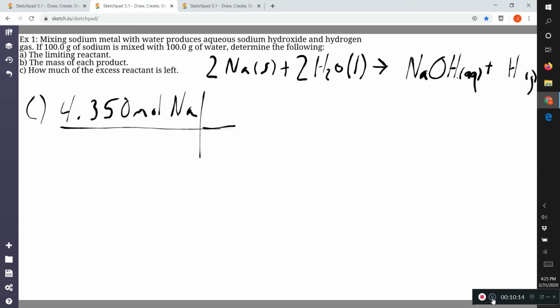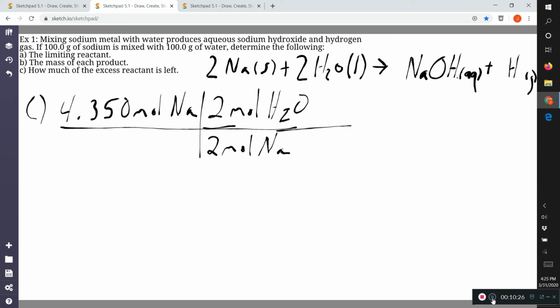So in our equation, it says that 2 moles of sodium will react with 2 moles of H2O, and you could reduce that to 1:1 if you wanted. There's no reason. I'm just using the numbers that are our coefficients here. Now, this will tell us how much is used, not how much is excess, but then we can work backwards.